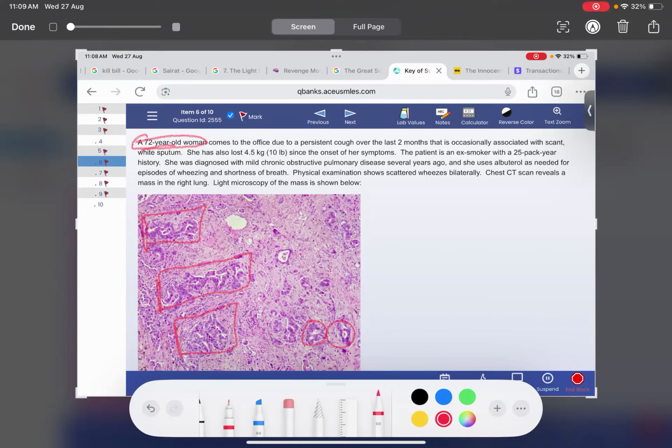If you want to see a normal lung biopsy, you will see alveoli, blood vessels, and a little interstitium between them: alveoli, interstitium, and blood vessel.